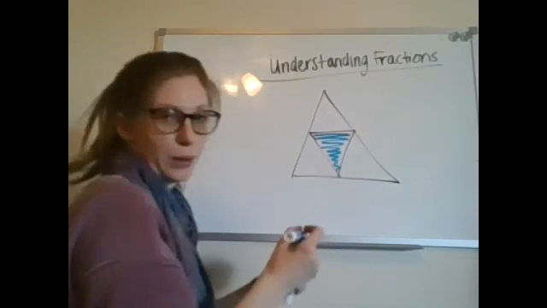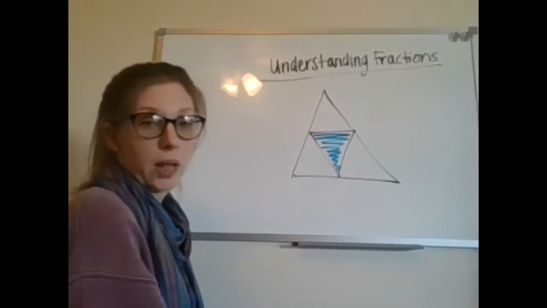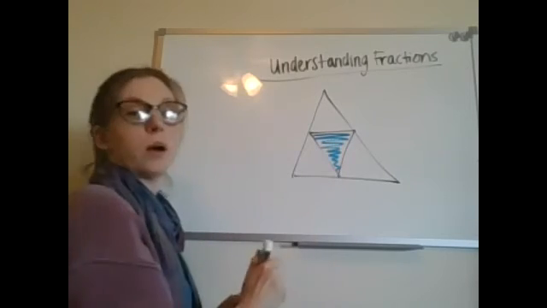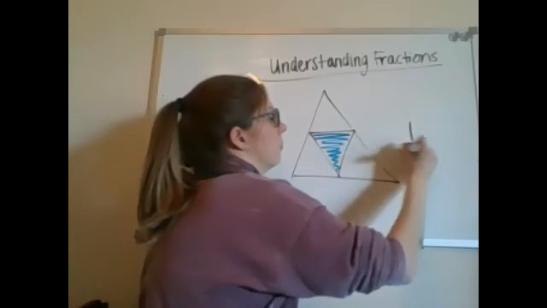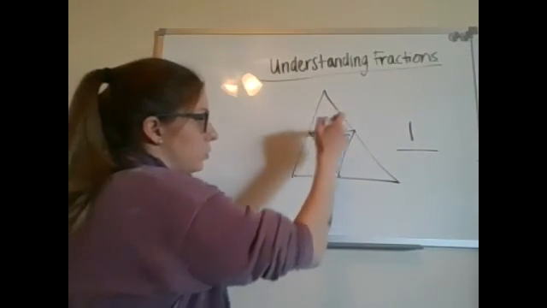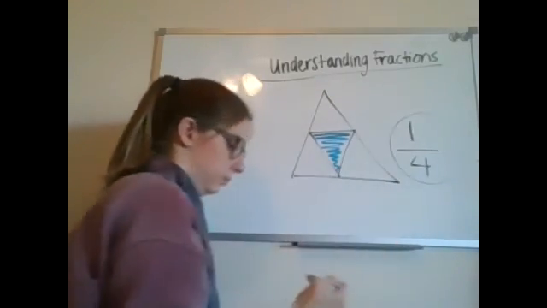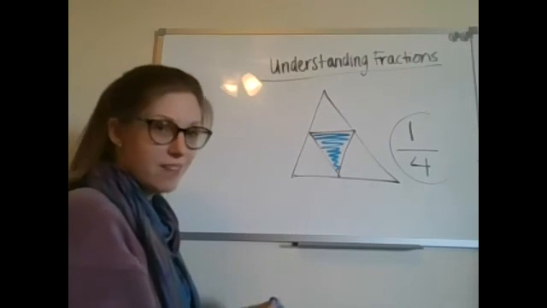What fraction of this triangle is shaded in? Well, if you look at it, one part is shaded, so our numerator on this one would be 1. How many total pieces are there on this one? 1, 2, 3, 4. So our denominator would be 4.